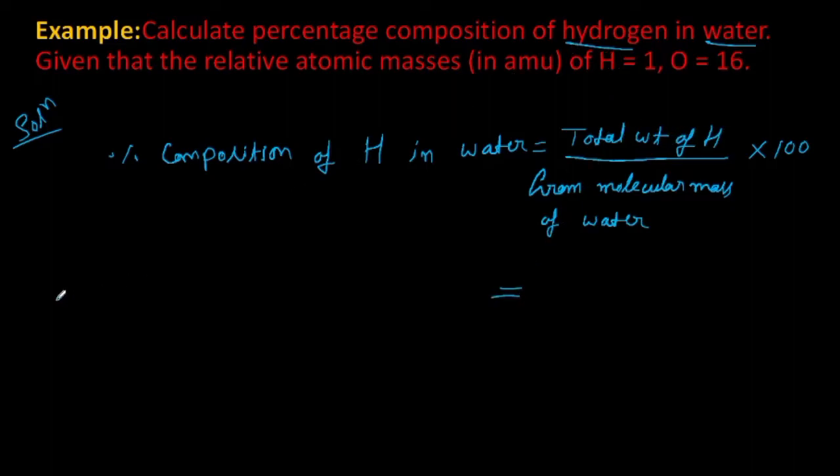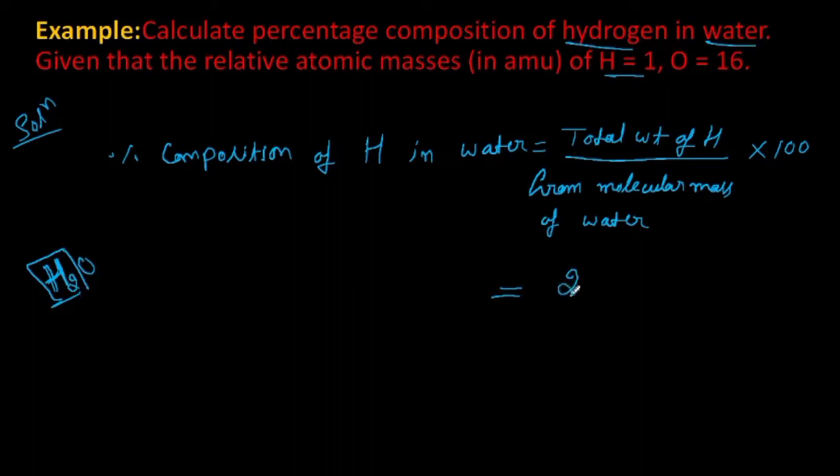Okay, I will do it once again here. H2O. Now I have to find it only for hydrogen, right? What is the total weight of hydrogen present in this molecule? That is 2, because for one atom of hydrogen, atomic mass is 1. Since it contains 2 atoms of hydrogen, it is 2 ones are 2.